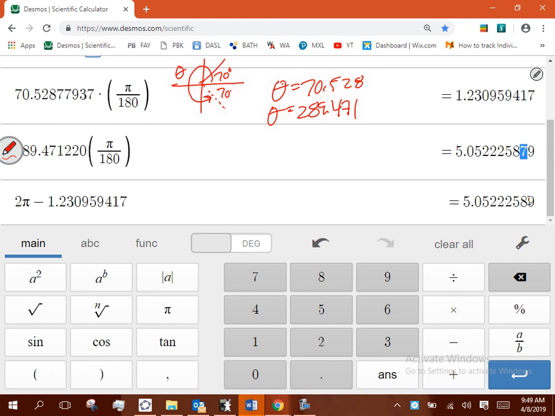So if the task is to find things in radians, I suggest finding them in degrees first, and then convert over into radians. More often than not, the people that miss questions like this, when they ask you to write your answers in radians, put 1.23 and then put pi on the end of it. They take 5.05 and put pi on the end of it because they think every time I do radians, it should have pi in it.